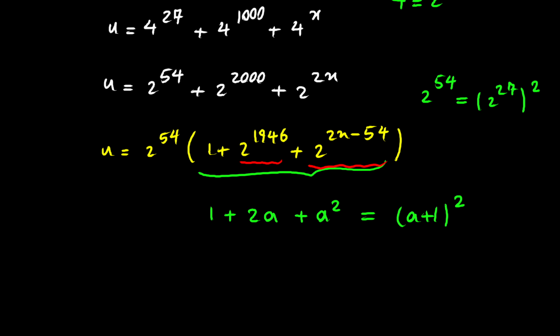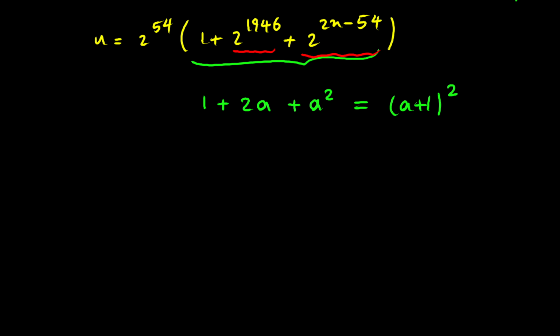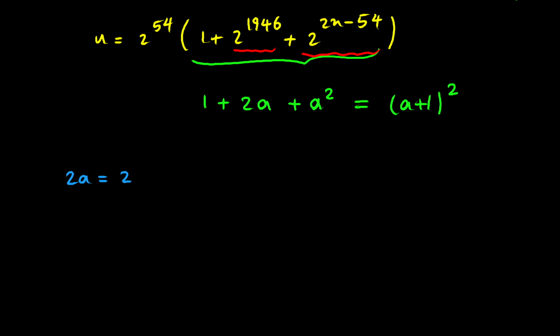So let's say that's the case. In that way, 2a is going to be 2 to the power of 1946, and a squared is going to be 2 to the power of 2x minus 54. From this, I can say that a is equal to 2 to the power of 1945.